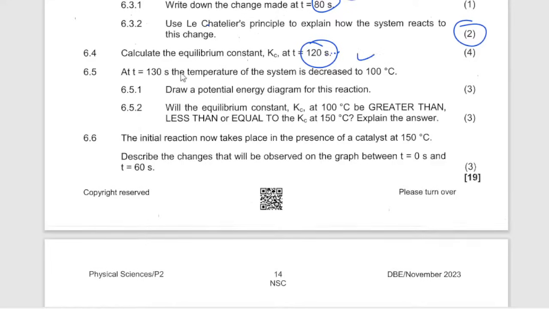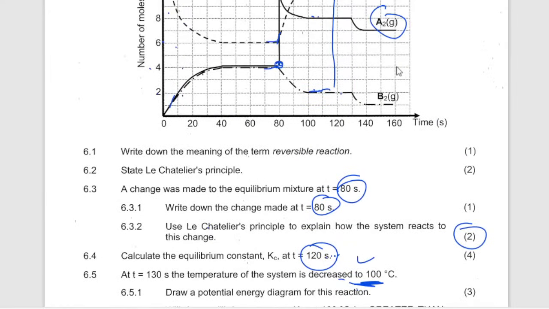They're saying to calculate, okay, at 100 and at 130 the temperature of the system decreased. 130, let's go check. 130, okay, temperature decreased.